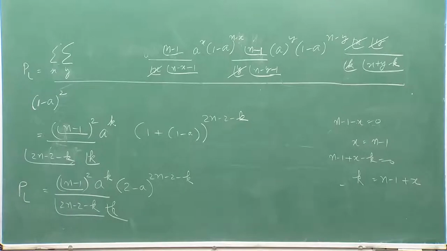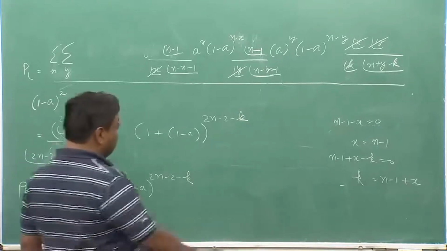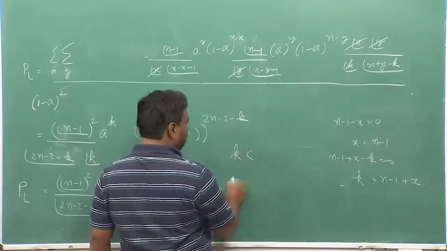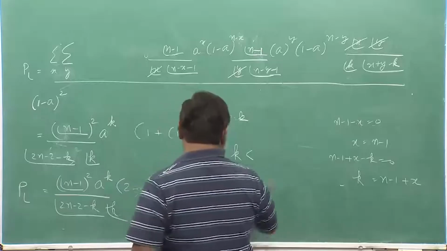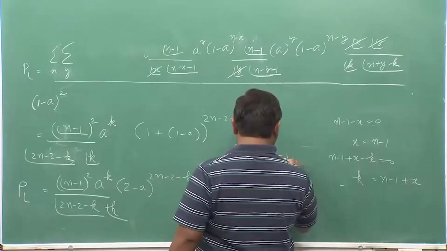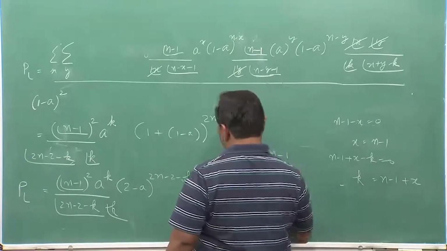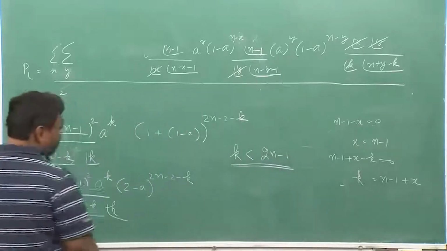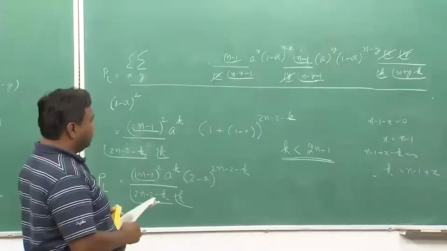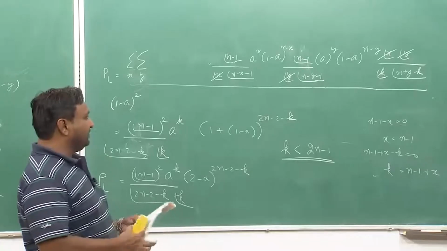And remember, this can only give you a value if you are going to have k less than twice of n minus 1. Okay. If k is less than that, then only it will make sense, otherwise it will not.